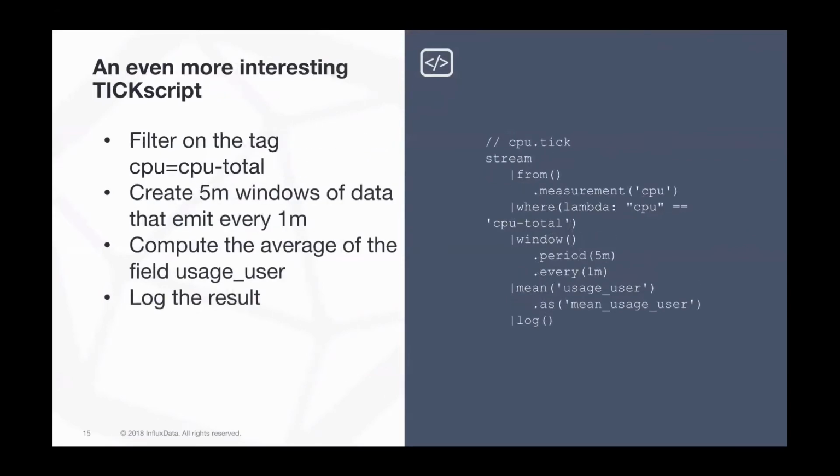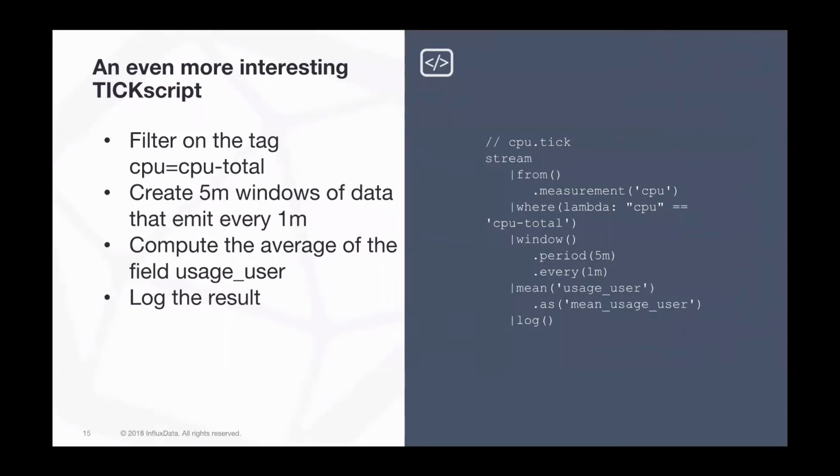Okay, so to build on that a little bit more, still a stream task. We're still looking at measurement CPU. Now we've added another method. We've added the pipe where, and we've added in a lambda expression, specifically to evaluate where cpu is equivalent to cpu-total.